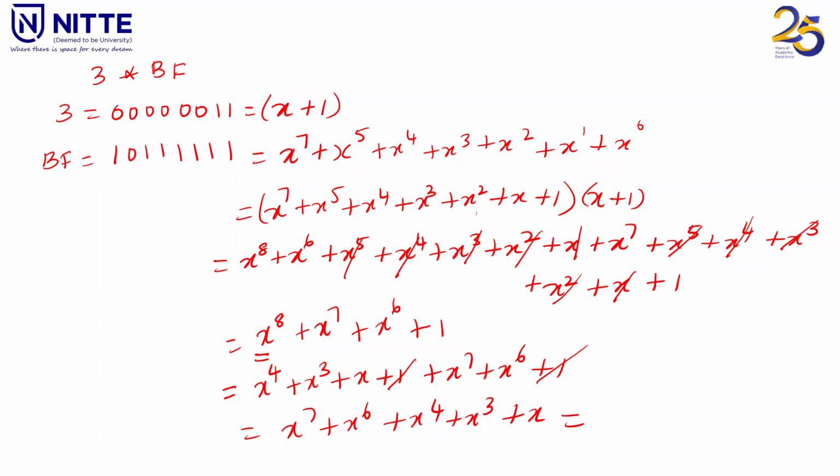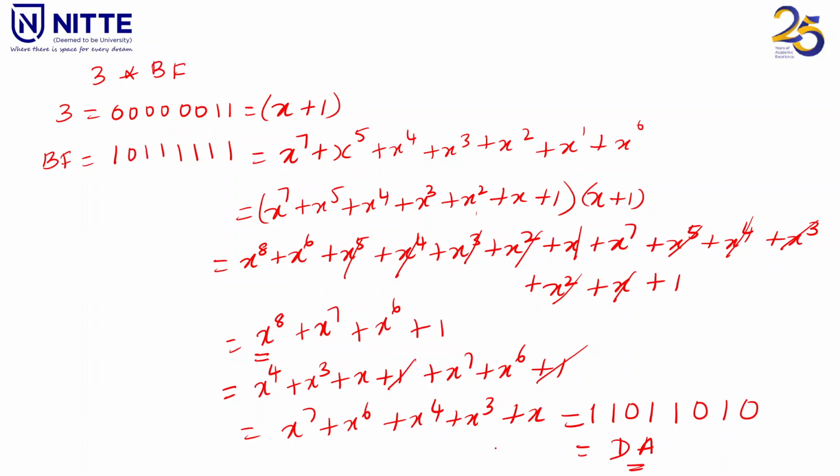So this I am going to convert into the equivalent binary values. 1, 1, x to the power of 5 is not there, 4 is there, 3 is there, 2 is 0, 1 is there, x to the power of 0 is not there. So I am going to convert this. 1101 means D, 1010 means A, so DA.